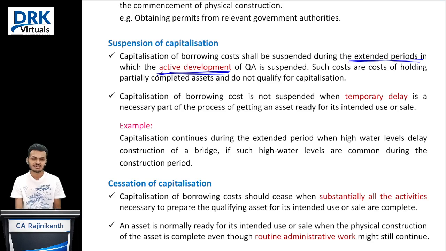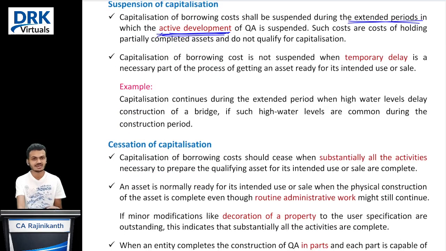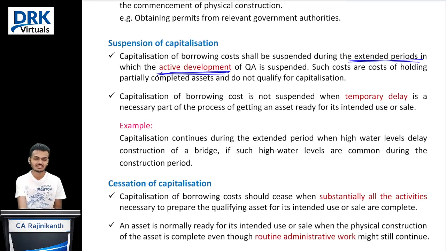For suppose workers don't work on Sundays. Do we need to expense the interest cost in connection with those Sundays? No. That is a normal part of the construction process. In that case, we need not expense to profit and loss account. It means we need not suspend the capitalization.